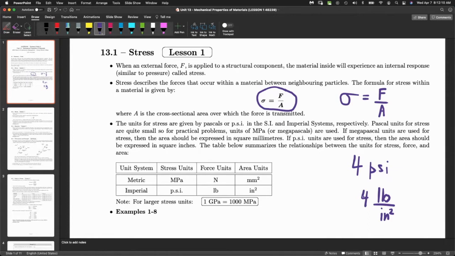If you've ever done wrestling class in high school or played sports, a 50-pound load is not going to do too much damage to most people. But if you took a 50-pound mass, and I say mass or weight interchangeably, we talked last time about how pounds can be interpreted as mass or weight, and you put it on the fingertip, do you think that would hurt? Please don't do that. Do not experiment.